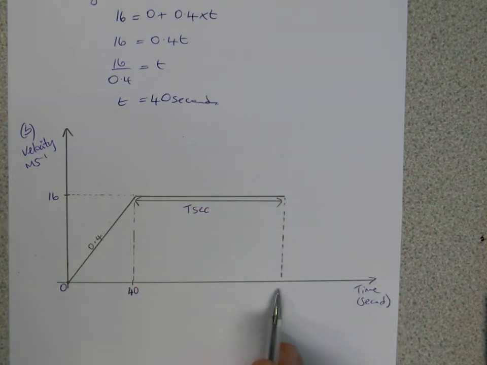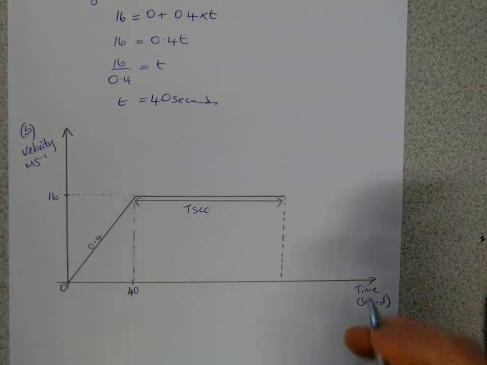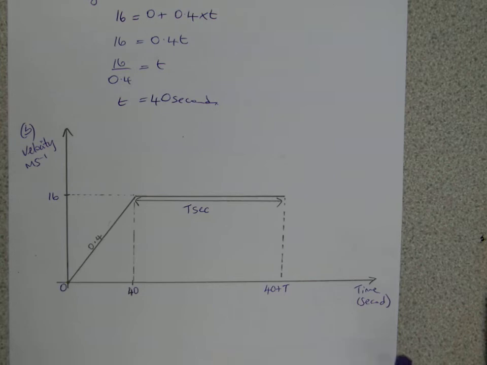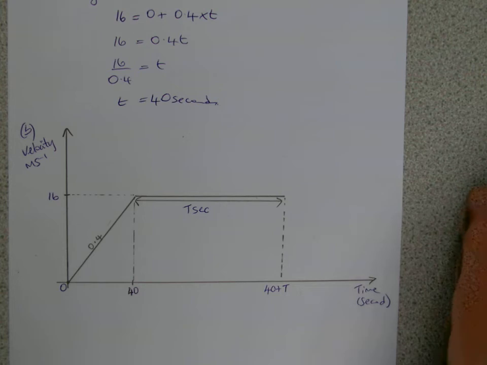But in terms of what we write down there, because we've got a scale here, this t seconds started after the first 40 seconds. So we need to add the t seconds on to 40 seconds. So here we're going to have 40 plus t. I don't know what t is, so that's the only way I can write that. It maintains the speed of 16 meters per second for t seconds, so we need to add that on to the first 40 seconds of the journey.